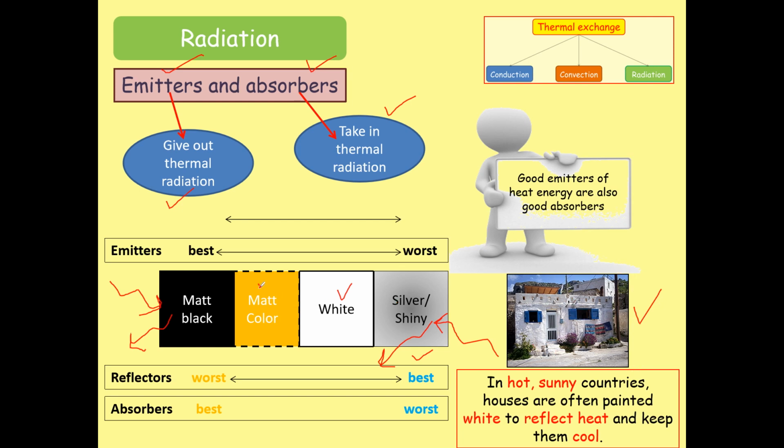Then we have colors, which do absorb a lot of energy compared to white, because when we talk about colors, we mean that only that specific wavelength of color is reflected back, and the rest of it is absorbed. And then a black surface is the best absorber. Why? Because black actually absorbs all light, and that is why we see black, since no colored light is reflected backwards, right?